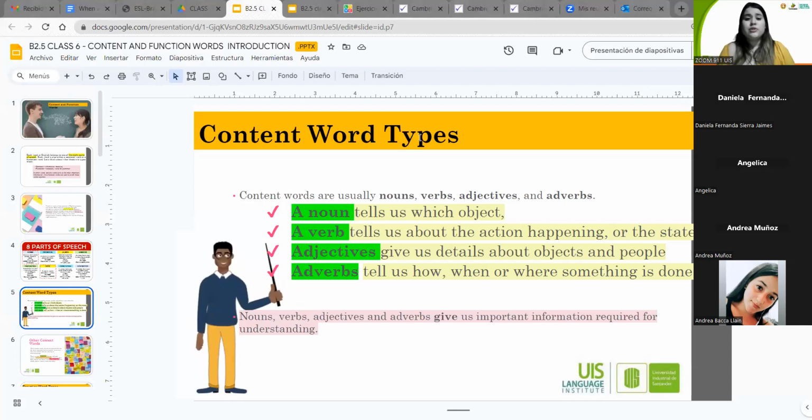Content words are usually nouns, verbs, adjectives, and adverbs, because they give us important information required for understanding. The example I gave you: if you are going to an English-speaking country with zero knowledge of English and you want to communicate with someone, if you use content words, they're going to understand you, right?